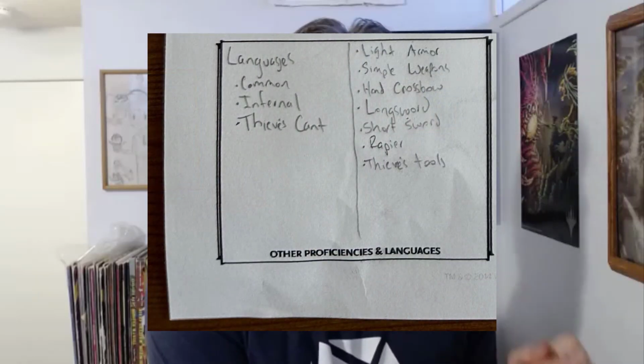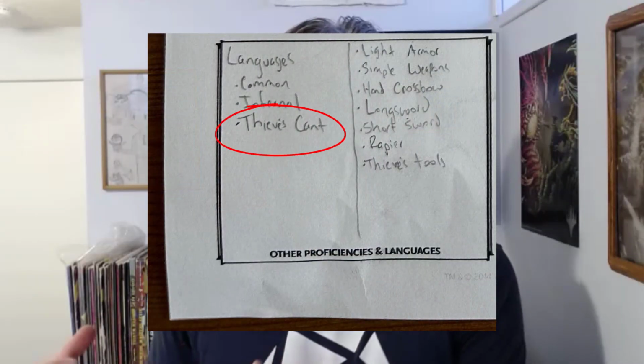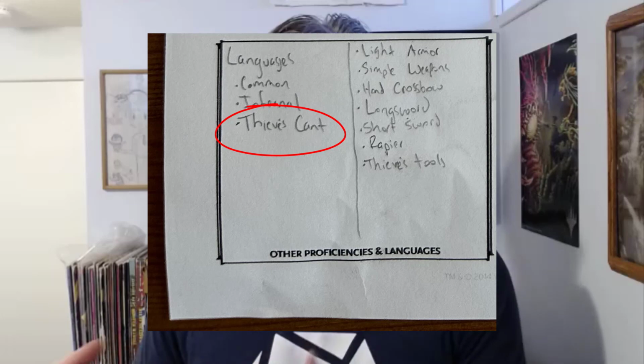It's one of my favorite classes to consider playing, because I love the idea of thieves' cant, the special language that only rogues and thieves have. I love the idea of thieves' guilds, these kind of organized but chaotic organizations in cities where everybody's stealing and doing these things for a boss, and you can kind of earn your way up, or competing thieves' guilds and something like that. There's something fun about playing a rogue that I've always really loved. And so, yeah, I decided to go with a rogue for my character for this campaign.